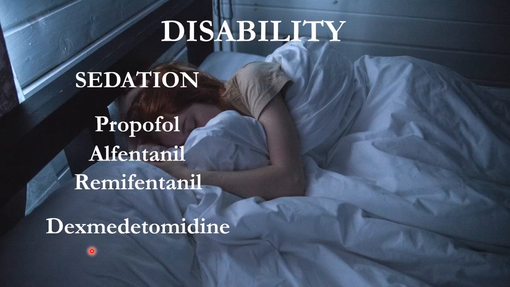Dexmedetomidine. Okay, some patients are mechanically ventilated, but their lung compliance is very poor and they're not synchronizing with the ventilator or the breathing machine. So there's ventilator asynchrony, that's what you call it.